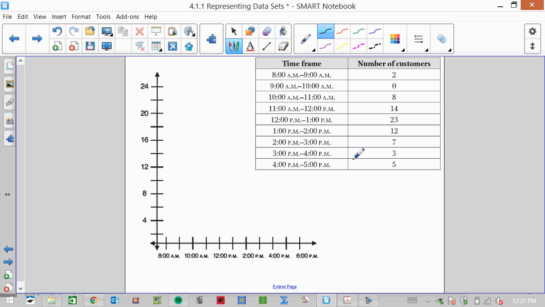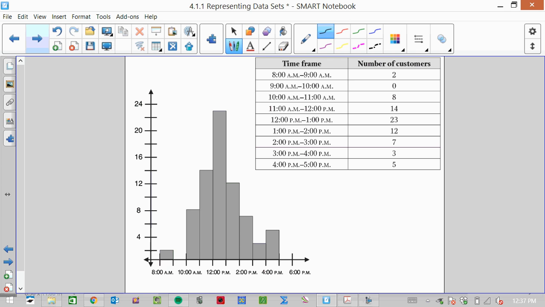Next, we take that same data, I put the table here, and we decide what numbers we're going to put on our y-axis. And that has to do with the number of customers that we see in each of those hours. So our lowest number was 0 and our highest number was 23. So on our y-axis here, we're going to start with 0 and go all the way up to 24.